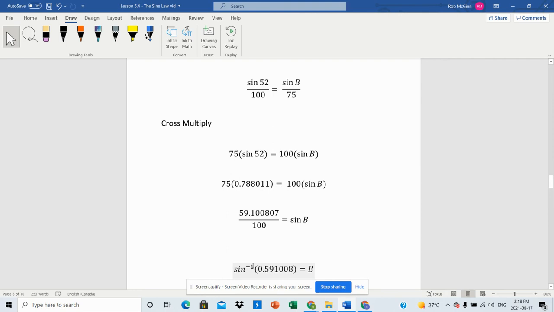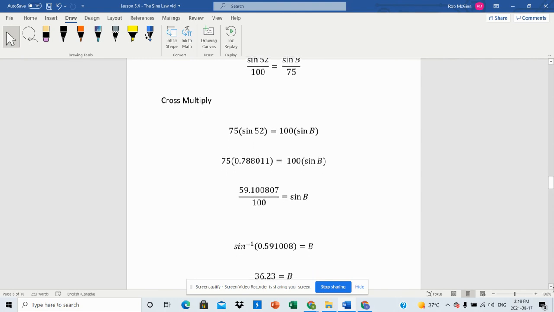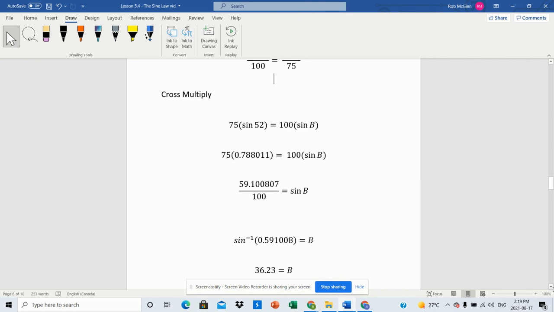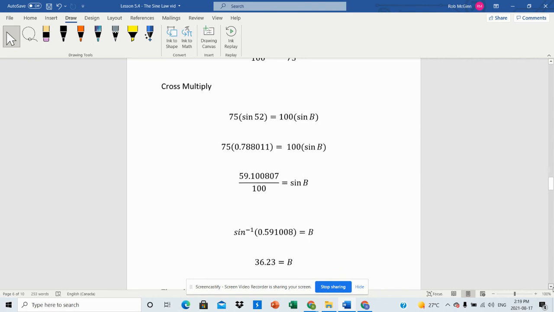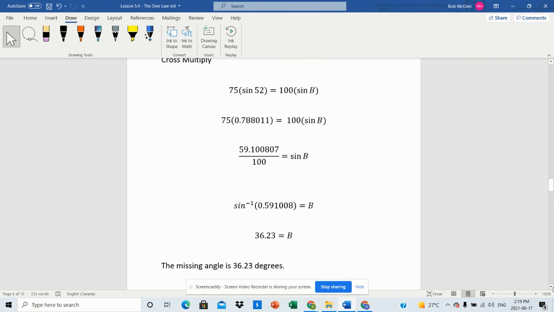So now we're going to get the inverse of sine times that decimal is equal to our angle B. Remember, on your calculator, in order to do this, most calculators you'll have to do 0.591008, hit your second function key, and then the sine button, and that should give you the proper angle. When we do that, we should be getting 36.23 degrees equals B. So we can say the missing angle is 36.23 degrees, or we could probably say is approximately 36 degrees.